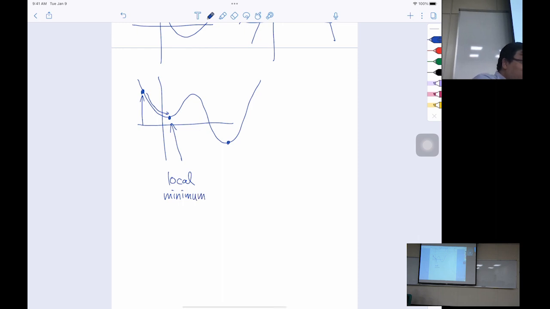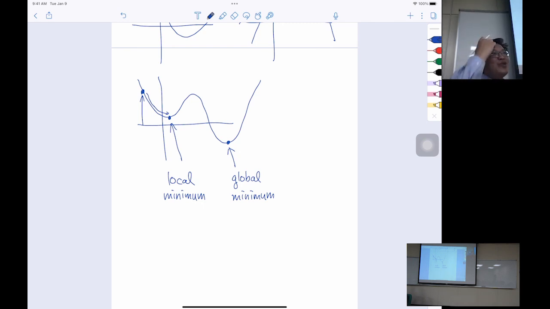But overall, this is the true minimum, which we call the global minimum. Most of the unconstrained optimization problems that I introduced in the class usually can get a local minimum. It doesn't guarantee global. So in our class, I won't give you crazy problems. I will give you polynomials.